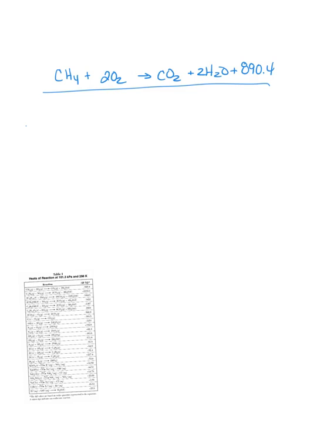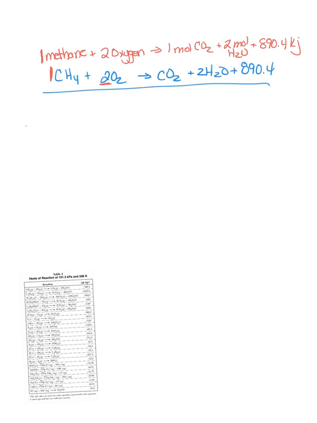We would say 1 mole of methane, that's in the organic unit. I don't know if we'll get to it this year, but it's the organic unit, plus 2 moles of oxygen yield, that's the arrow, 1 mole of CO2 and 2 moles of water and 890.4 kilojoules of heat.